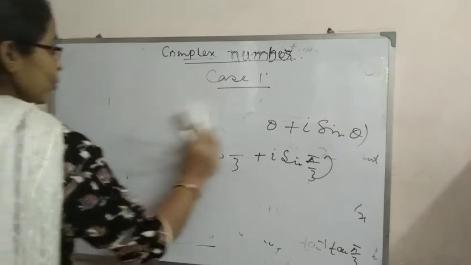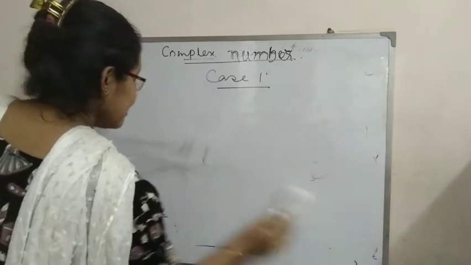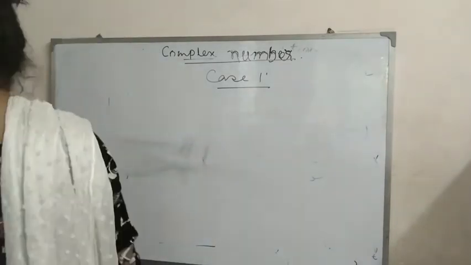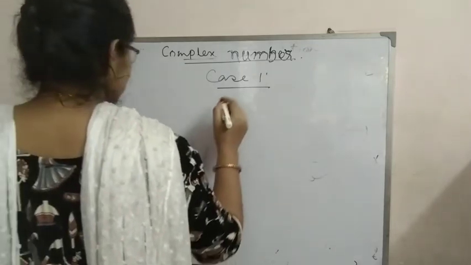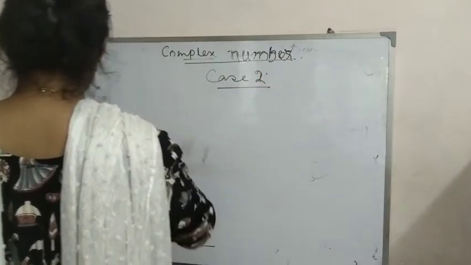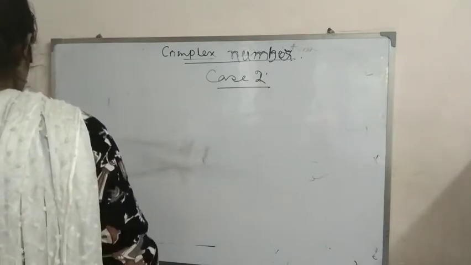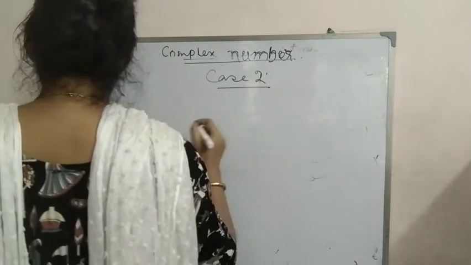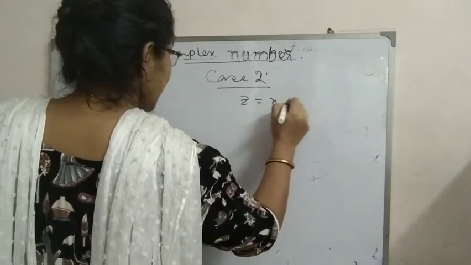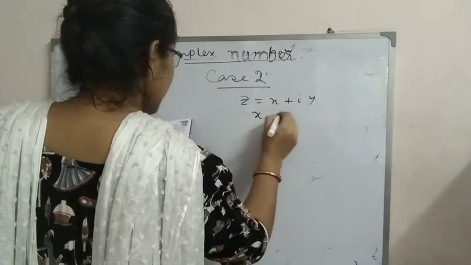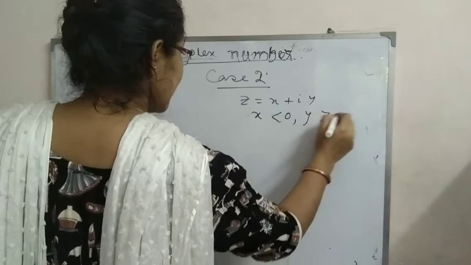And next I will go to case 2. Case 2: z equal to x plus iy. Here x less than 0 and y greater than 0.